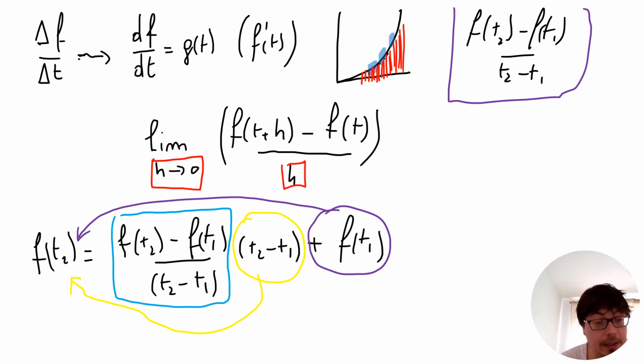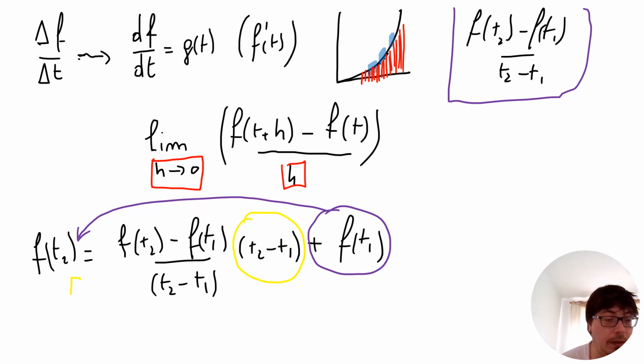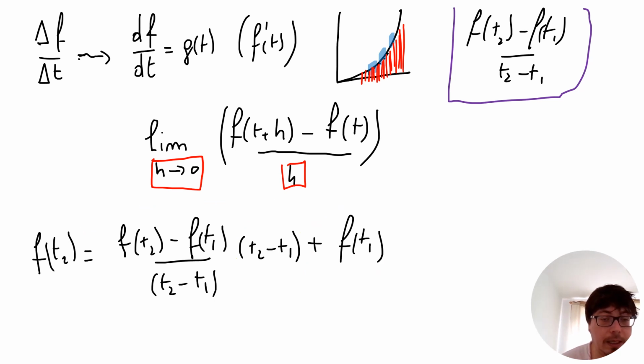But this has a nice interpretation, because if you look at it, it means that in some sense, to make my life easy, I will pick the t1 point equal to 0, as in our curve starts from 0. We don't have to do that always. There is a way to handle this, but let's make my life easy. So t1 is 0, f is 0, because in the graph we start from 0.